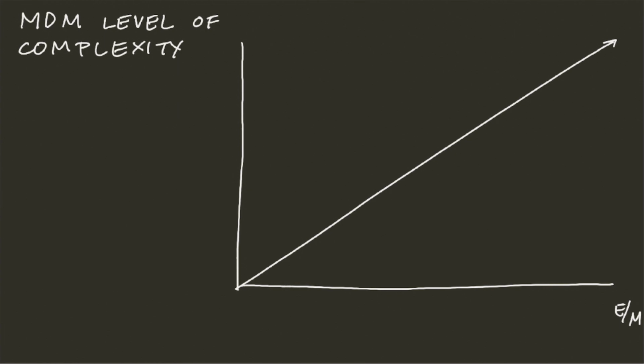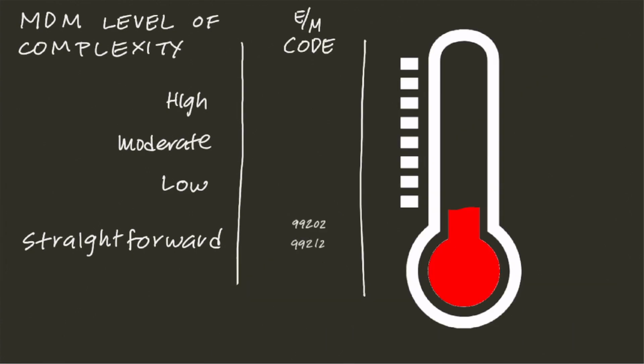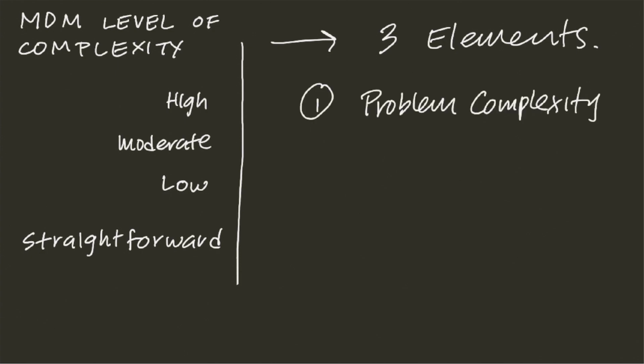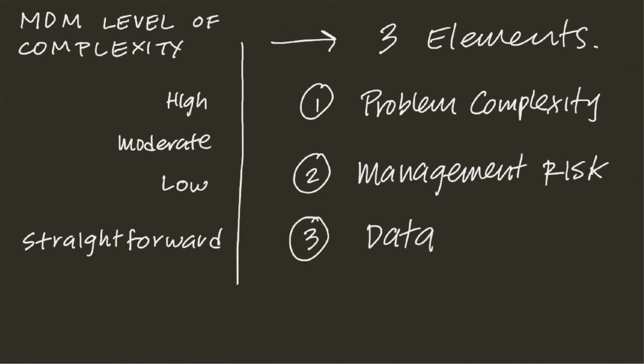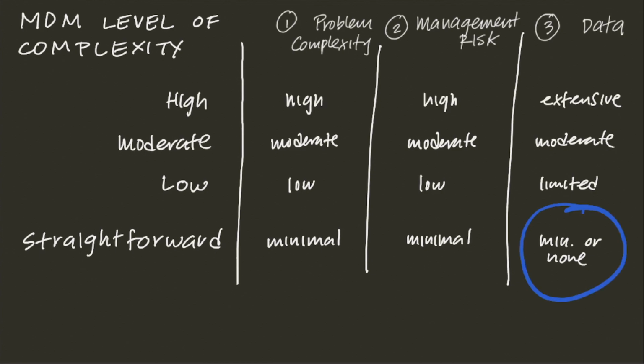When coding based on medical decision-making, there are 4 types of medical decision-making to choose from: straightforward, low, moderate, and high. Each one of them correlates to a visit level. There are 3 key components or elements to consider in selecting the medical decision-making level: problem complexity, management risk, and data. Only 2 out of 3 elements must be met to reach a medical decision-making level of complexity.